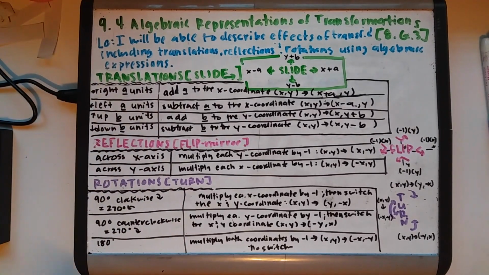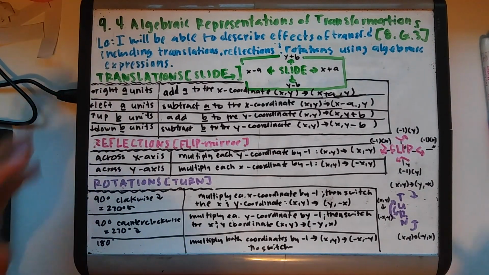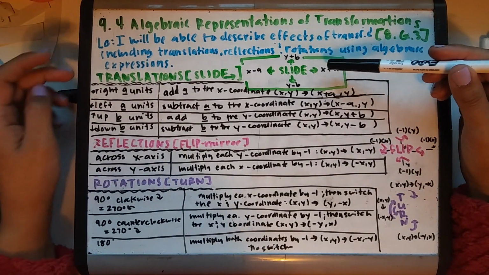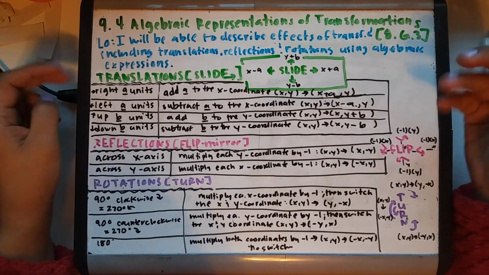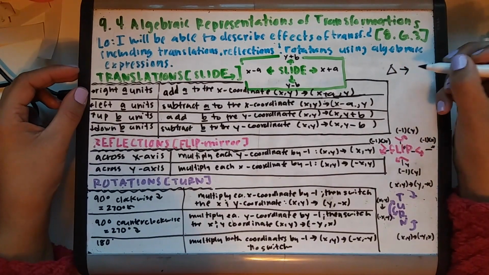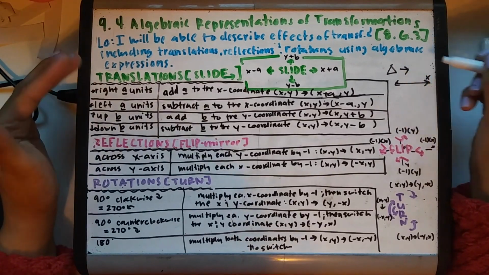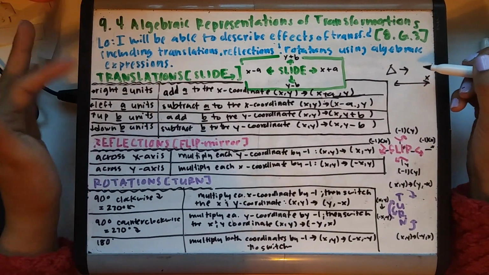You move either up, down, left, or right. So when we're moving right, when we're moving the shape to the right, we're looking at the x coordinate. Because it's increasing, we're gonna add whatever that number is.